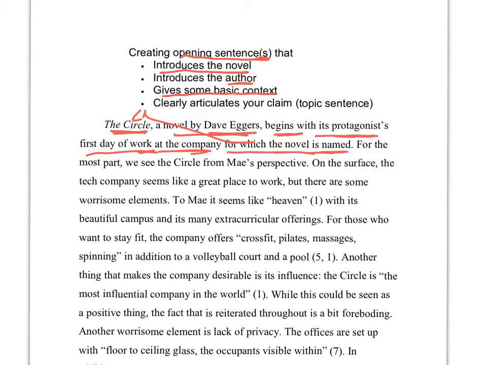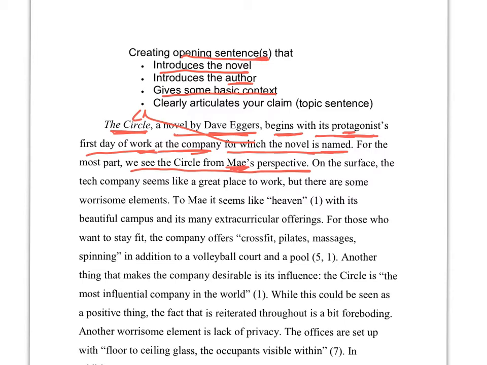And the second sentence here tells us the perspective that we're getting. So we're getting the perspective of Mae, who is the protagonist in the story. So that gives us some context of just getting us as readers set up for what we're going to be talking about in the paragraph.